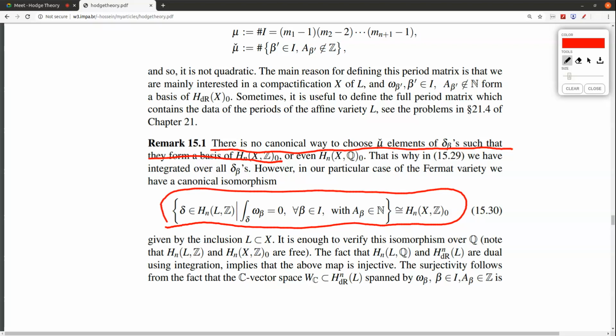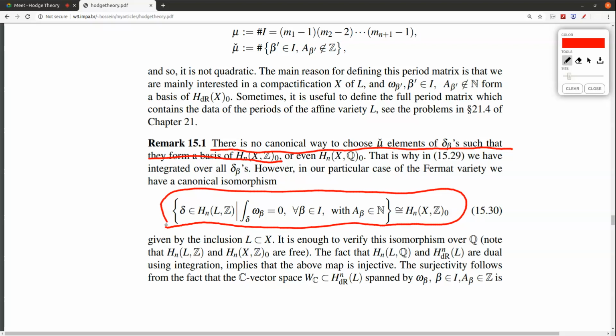It turns out that if we allow integers, here you see a beta, if we define delta cycles such that the integral of omega beta over delta is equal to 0 for all beta with a beta integers also. As I said, this omega beta has to do with the de Rham cohomology of the infinity.